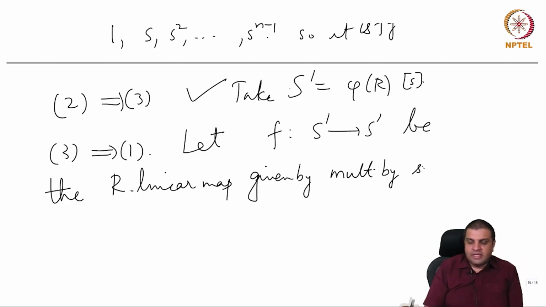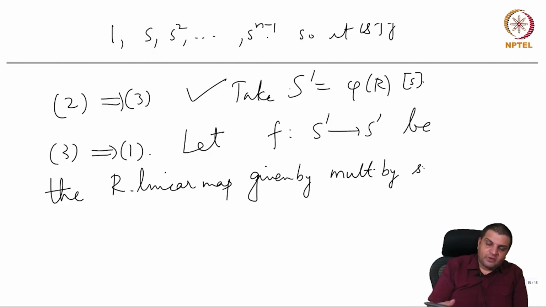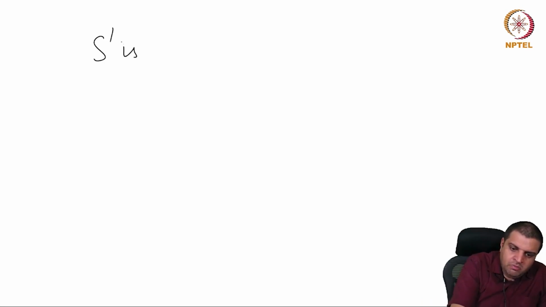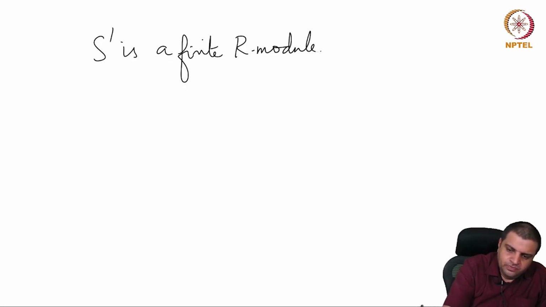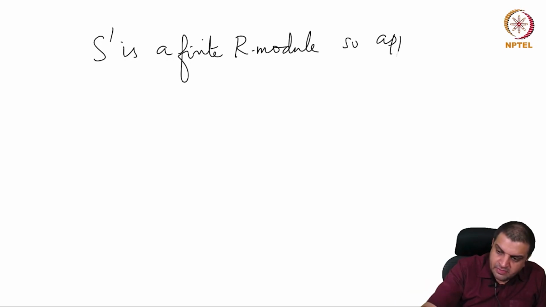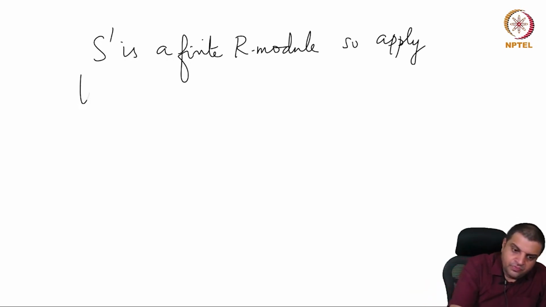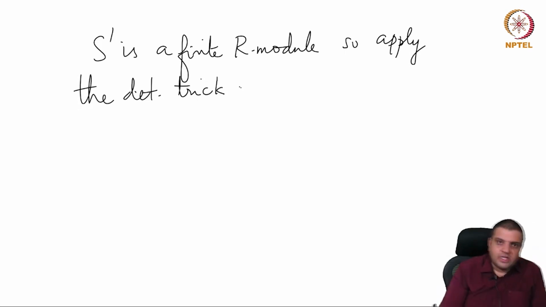So 1 goes to s, and then we have to specify it for every element of S prime, but it is multiplication by s. So this is a finite module. Okay. So we can apply the determinant trick, which we learned a few lectures ago.